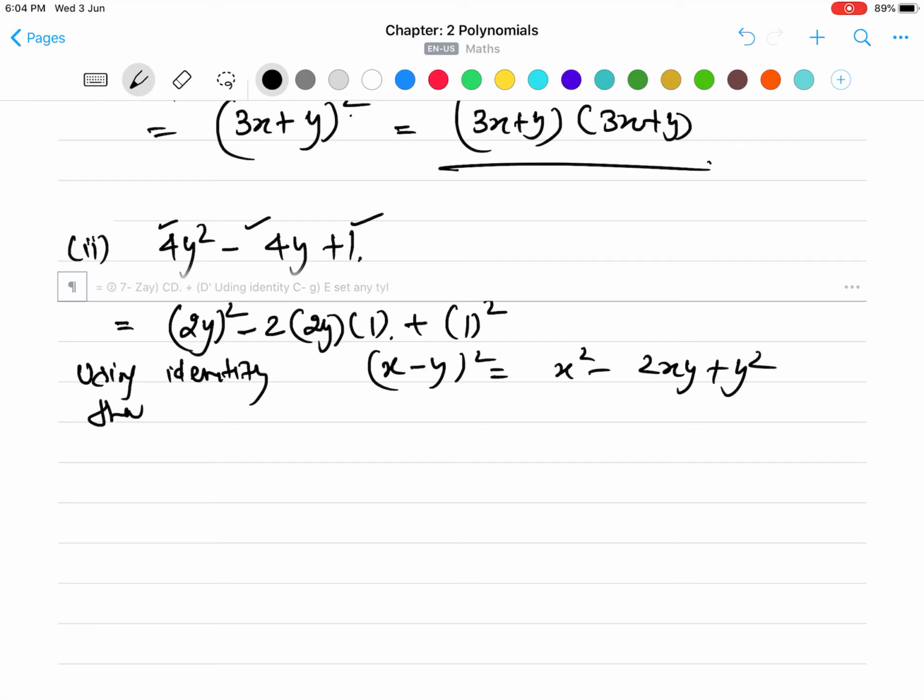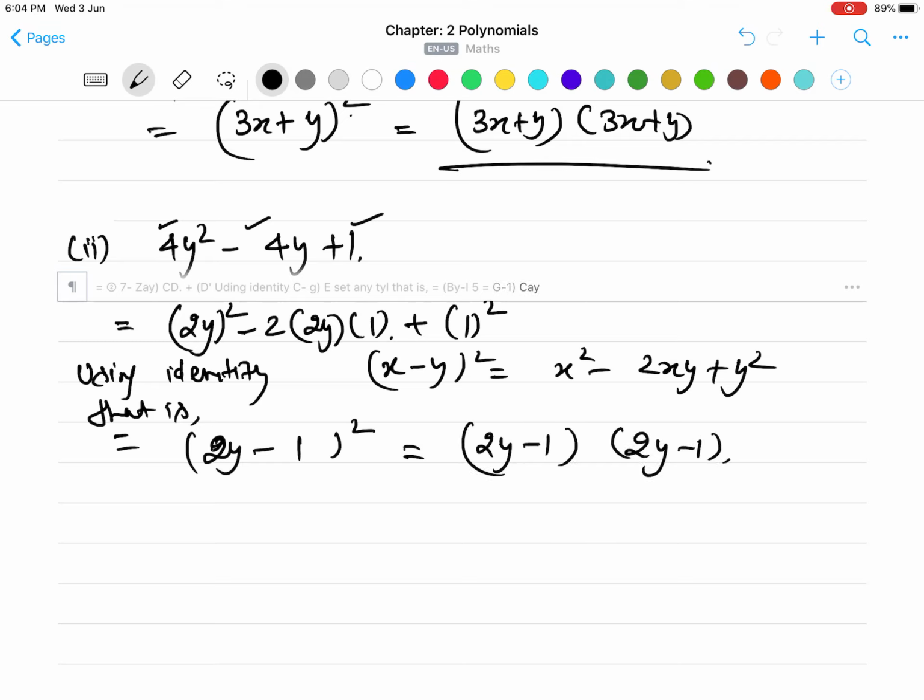So this can be written as 2y square minus 1 whole square, that is x square minus y square, where x is 2y and y is 1. Or we'll write this as 2y minus 1 into 2y minus 1. So that is the factor of this given polynomial.